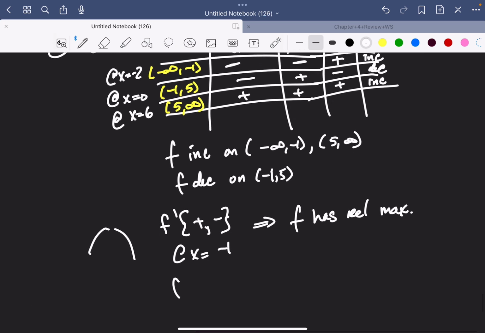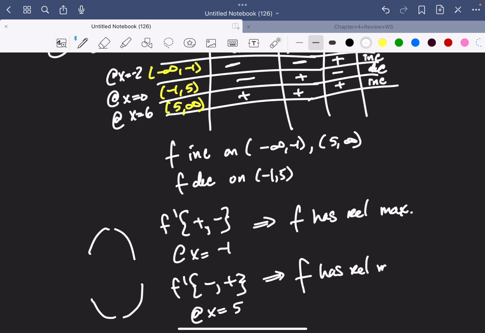Then we also know that f prime changes sign from negative to positive at x equals 5. So negative to positive means that f has a relative min there, right? Okay, so I think that was part F of our graphing, to find those relative mins and relative maxes.